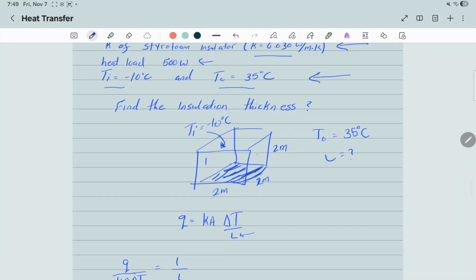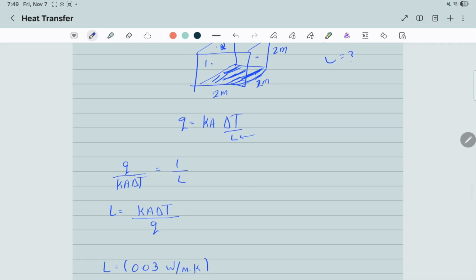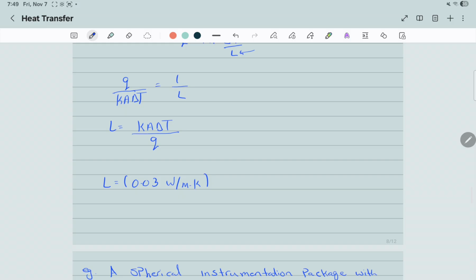Well, we won't include the bottom one because there's no heat transfer through the bottom one as stated in the problem statement. So there's 1, 2, 3, 4, 5. The top one is also, we're also considering that one. So 5 walls of the freezer walls, 5 times 2 by 2, which is the cross-section area of the wall. So the area is the cross-sectional area of the wall, and there's 5 of them.